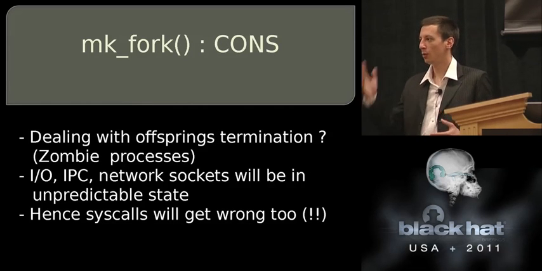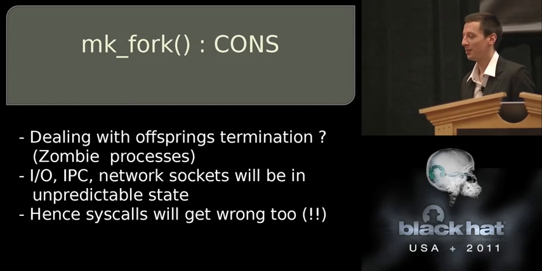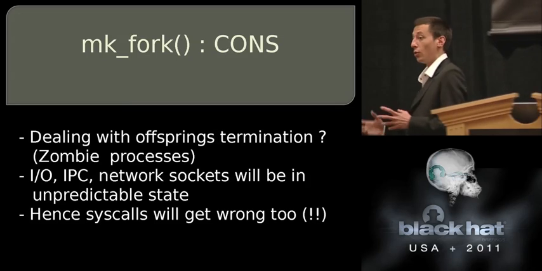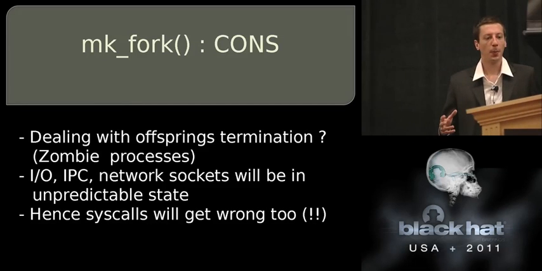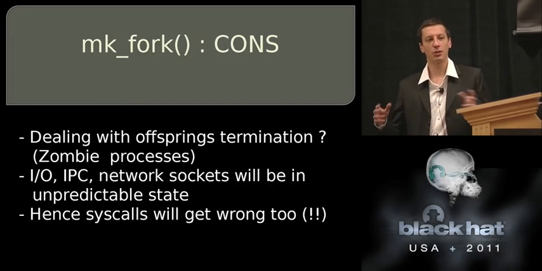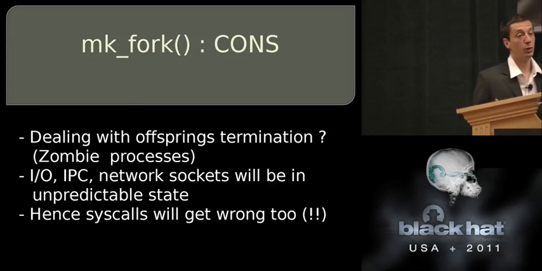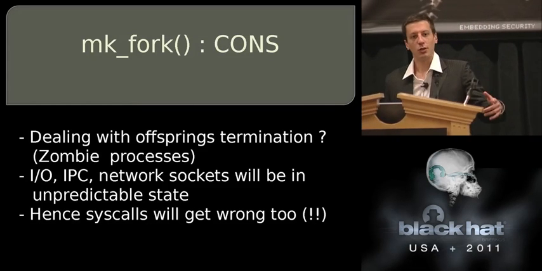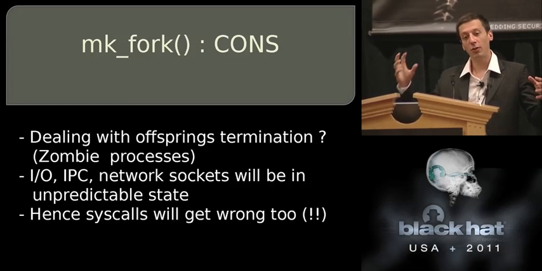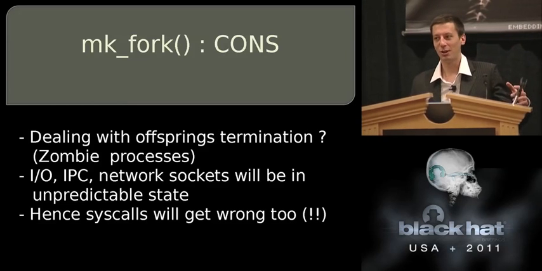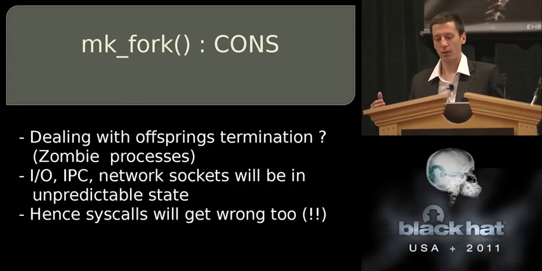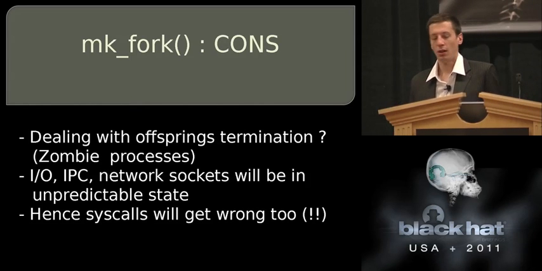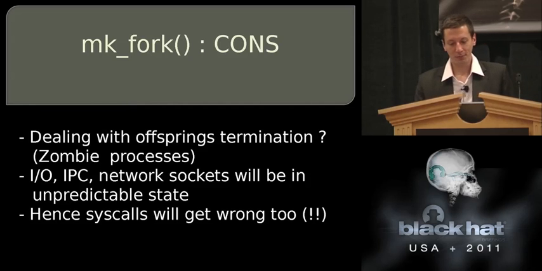So we have to take care of that. Another limitation of the tool is that any kind of inter-process communication is going to be wrong. If the master process was writing inside a socket, when the offsprings later try to write in those sockets, the socket may be closed or in an unpredictable state. So we have to take care of that too.